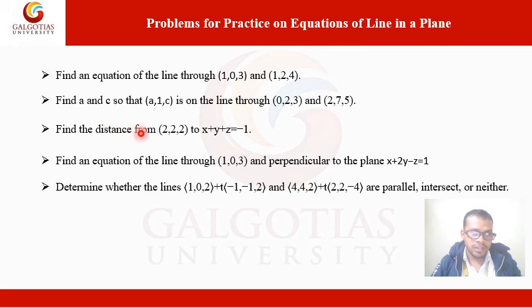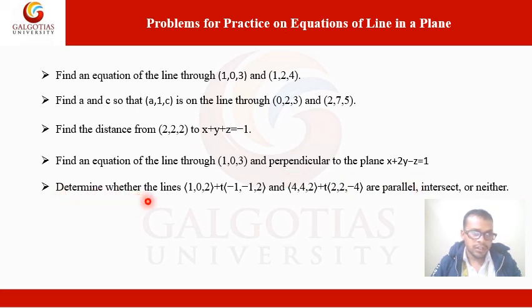Find the distance from the given point, a coordinate in three-dimensional space, to the plane given by x + y + z = -1. Another question is, find an equation of the line through (1, 0, 3) and perpendicular to the plane x + 2y - z = 1.